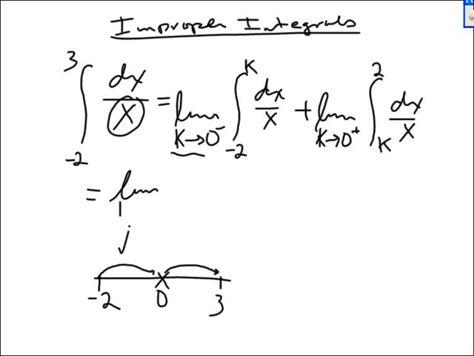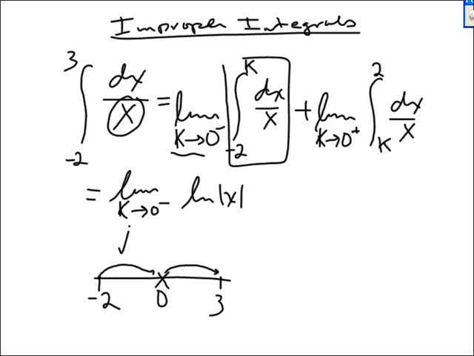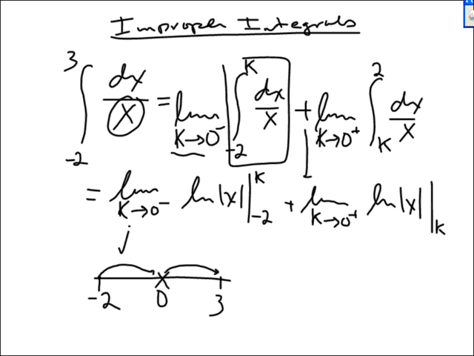The limit as k goes to 0 minus, well, this integral is ln of absolute value of x from negative 2 to k, plus the limit as k goes to 0 plus of ln of absolute value x from k to 3.